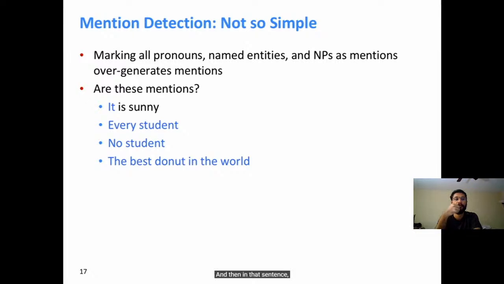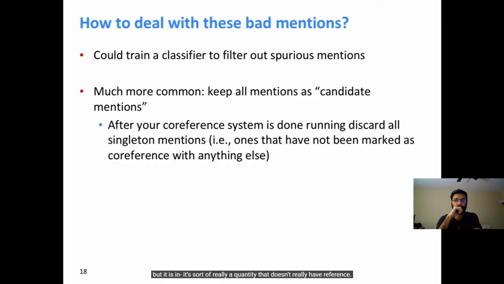And then in that sentence, it doesn't have any reference. It's an intentional description of what I'm hoping to find, but there's no concrete thing it refers to. Things like quantities, 100 miles, behave like a noun phrase, but it's really a quantity that doesn't really have reference. And so then there's the question of how can you deal with this stuff?